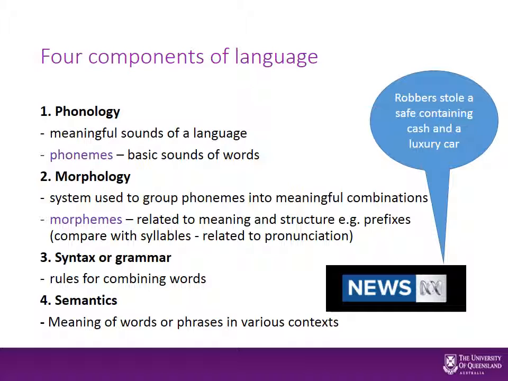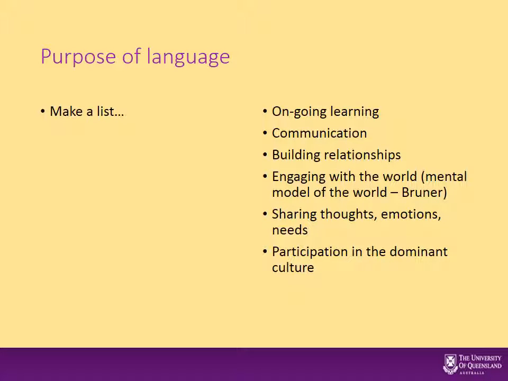Perhaps what they actually meant was robbers stole a luxury car and a safe containing cash. So the way we structure a sentence can make it more or less difficult to understand. I would like you perhaps to pause and think about the purpose of language. What have you used it for?